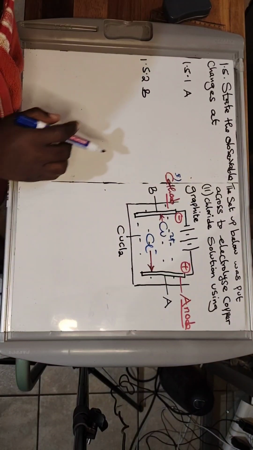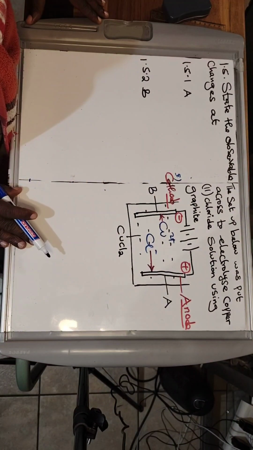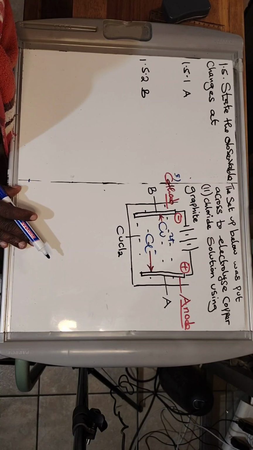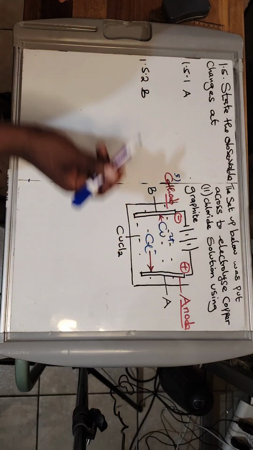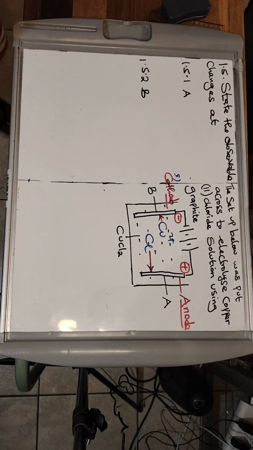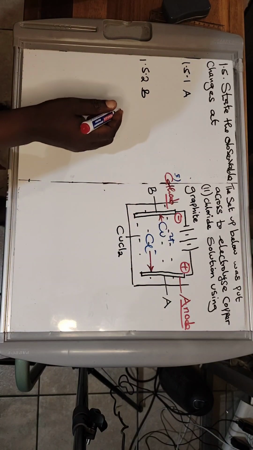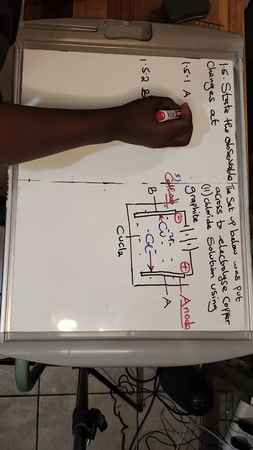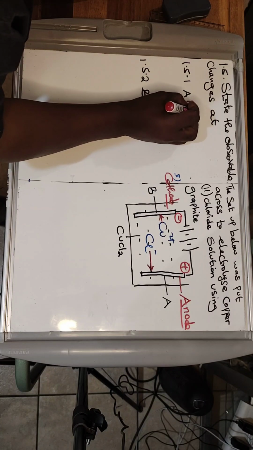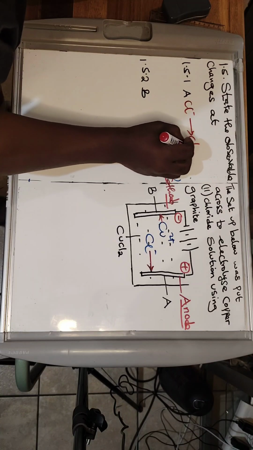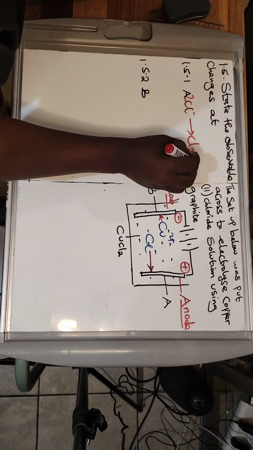Now, this question comes again. State the observable changes at A. What do we see at A? To answer this question, you need to have the equation. Remember, the equation at A, which is the anode, was chloride ions becoming chlorine, and after balancing, the 2 electrons come there.